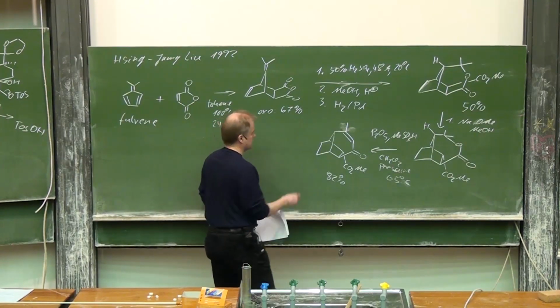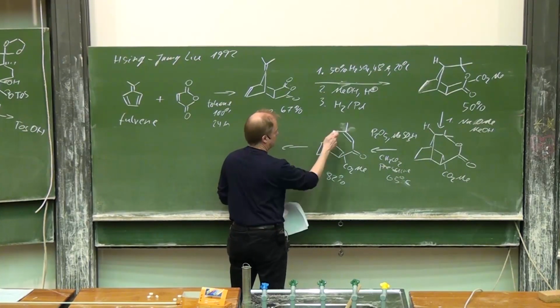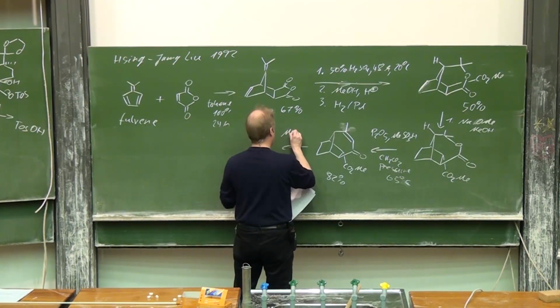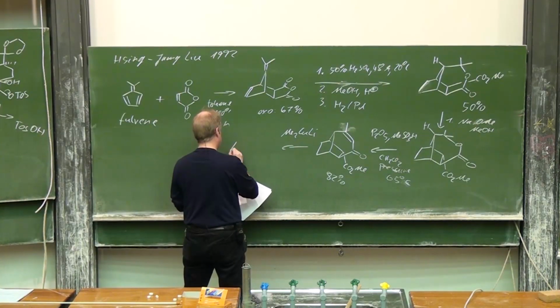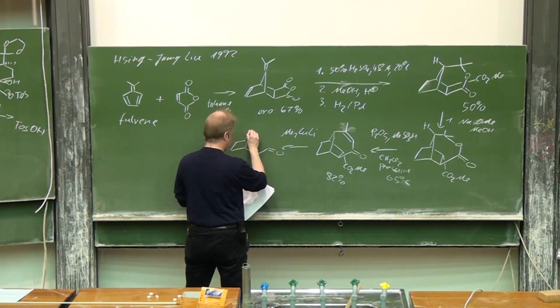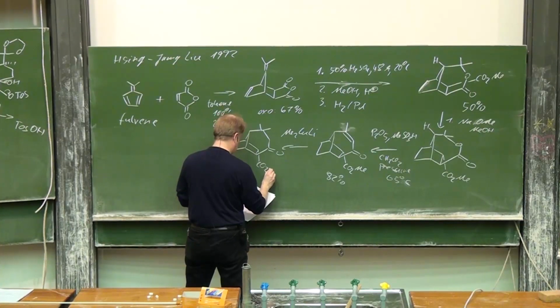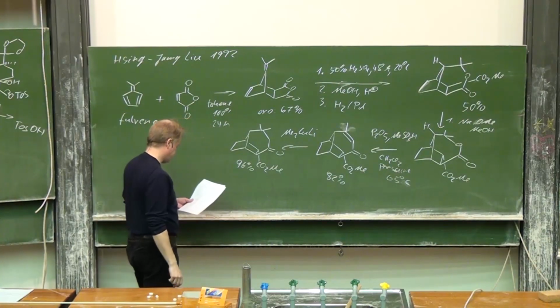So, now getting in the other methyl group, that's simple, with an organocuprate. (96% yield).